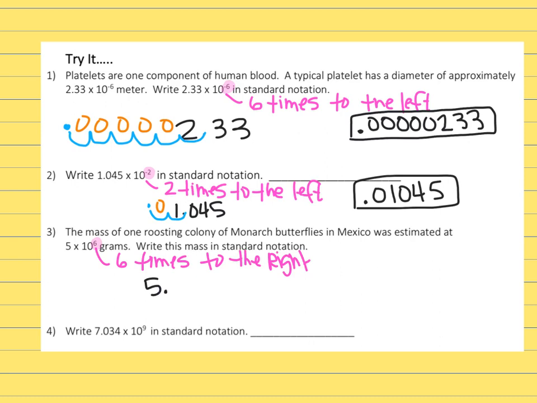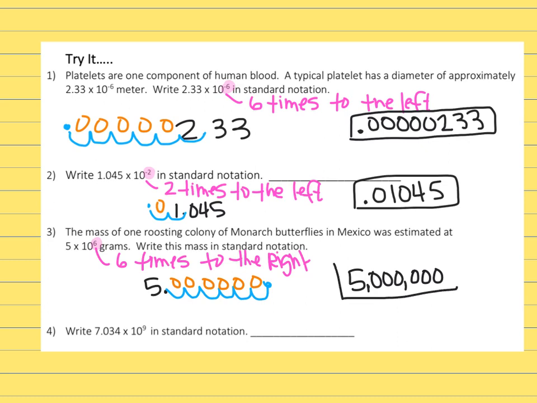That means the decimal point would be at the end. I want to move the decimal point 6 times. 1, 2, 3, 4, 5, 6. Then fill in all the blank spaces with zeros. 6 zeros. That is 5 million. Final answer.